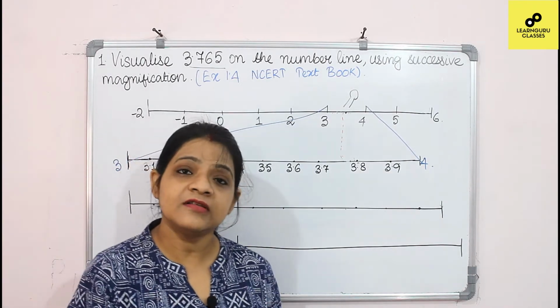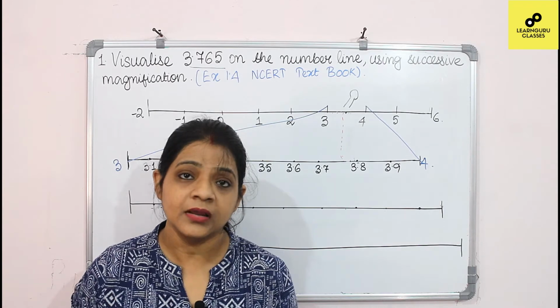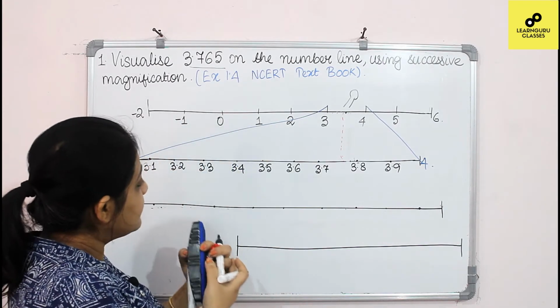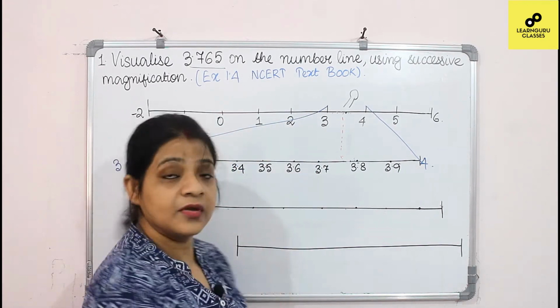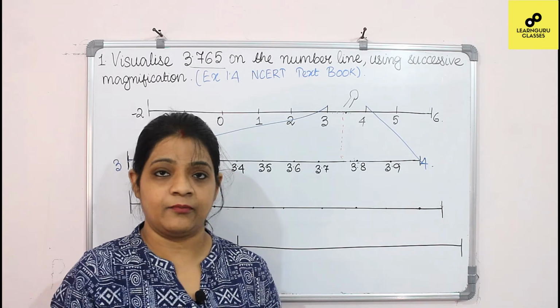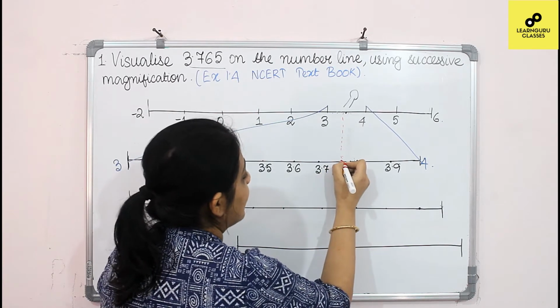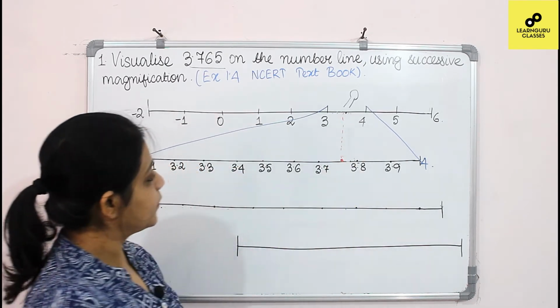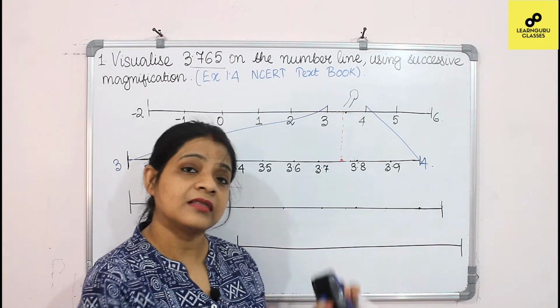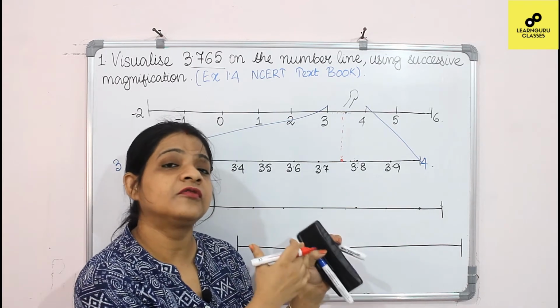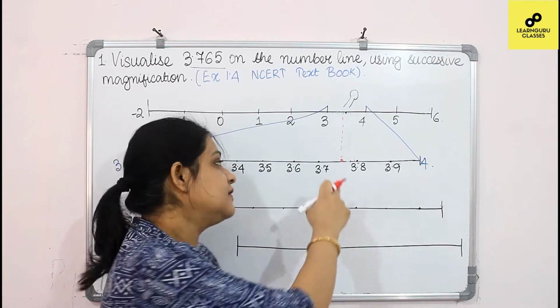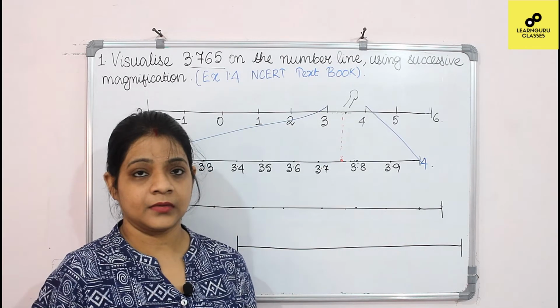So 3.765 is a number that is greater than 3.7 but lesser than 3.8. Okay, so let us assume that the approximate position of 3.765 is somewhere here.